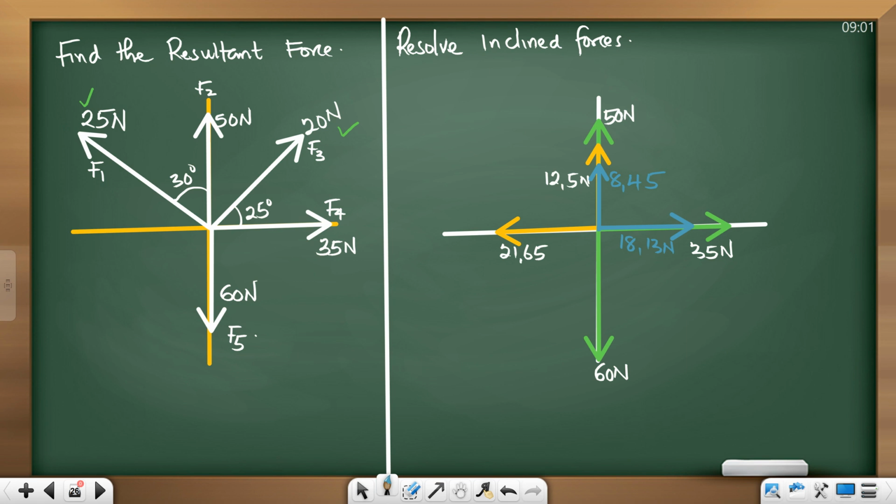That's the aim. The aim is to make sure the only forces you are going to play around with are vertical and horizontal. Now we can go back to what we did yesterday. Convert all the verticals to 1 and convert all the horizontals to 1 and find the resultant. Does that make sense? Is it making sense?